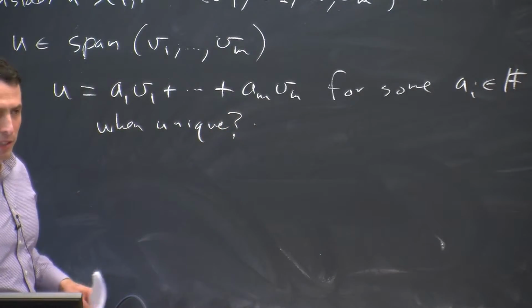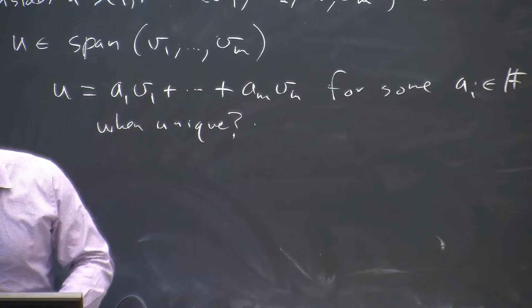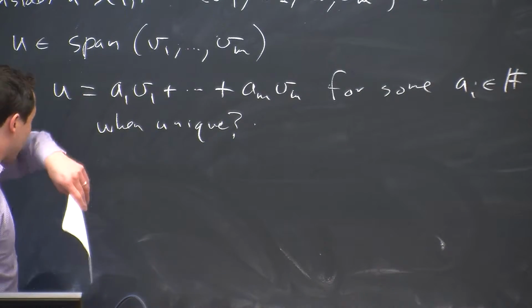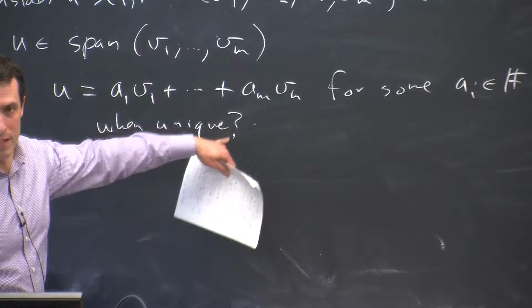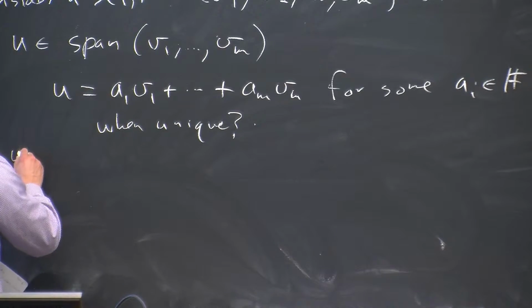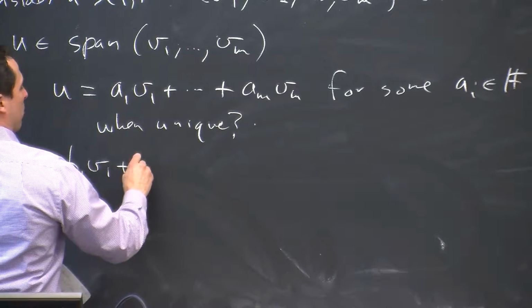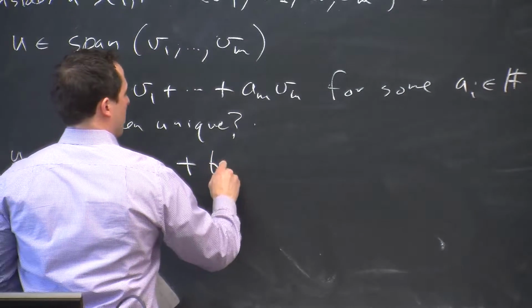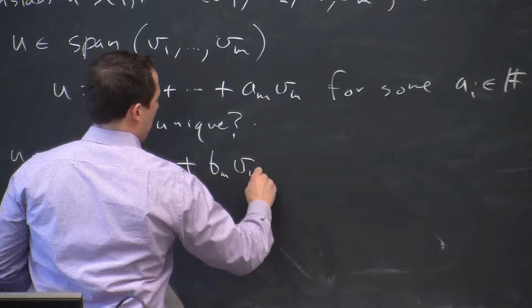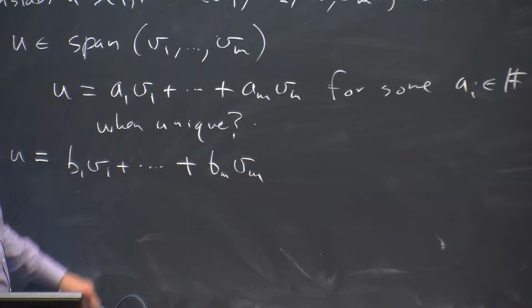We're going to get a similar criterion as we did with sums of subspaces, that what matters eventually is how we write 0. The reason is, suppose I have another expression, b1 v1 plus etc. up to bm vm.